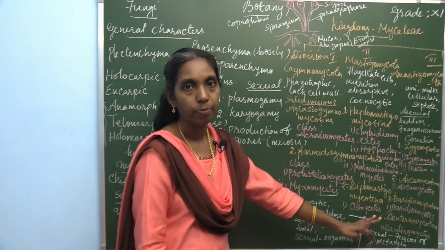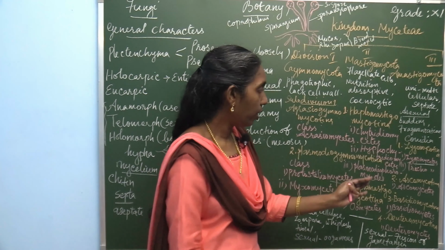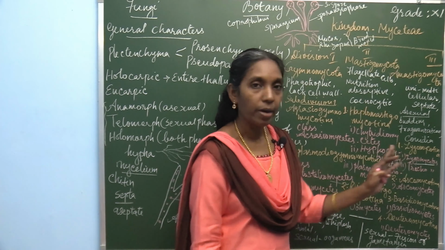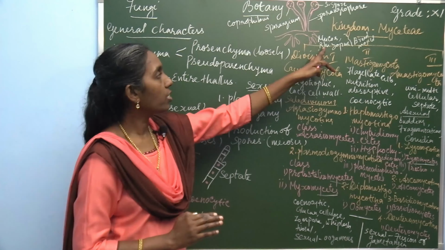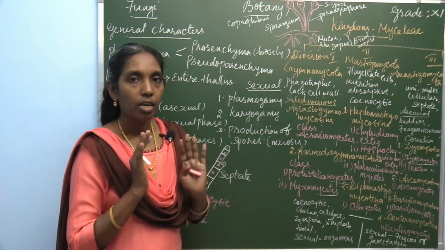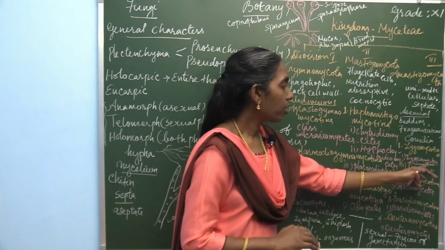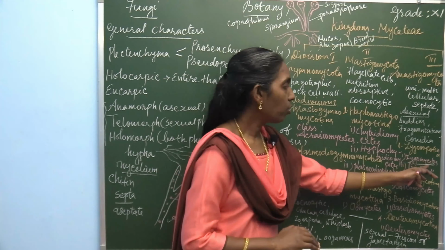Next, the subdivision Zygomycotina, and the class is Zygomycetes. Examples are Mucor and Rhizopus, which all come under the Zygomycetes. Most of these fungi are saprophytic or parasitic. Saprophytes grow on dead and decayed matter of plants and animal remains.